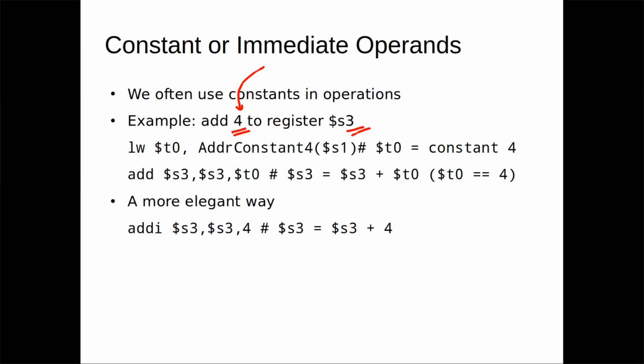Everything I want initialized to some specific value, I will put in memory, and the compiler will generate an address of this constant, and either put it in one of the registers, or we knew that we had this instruction.